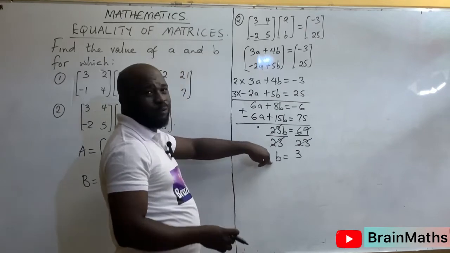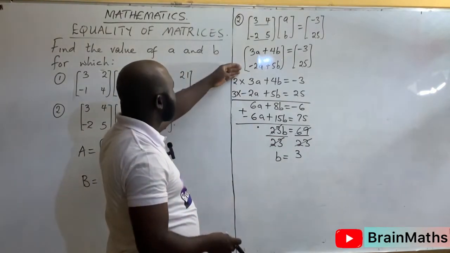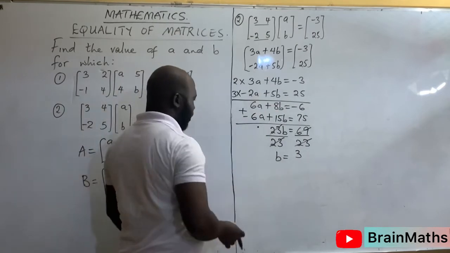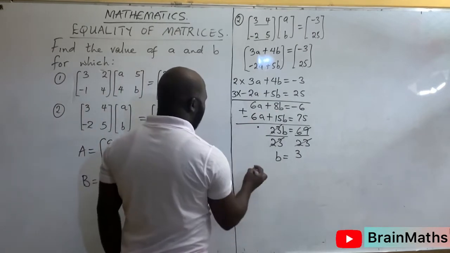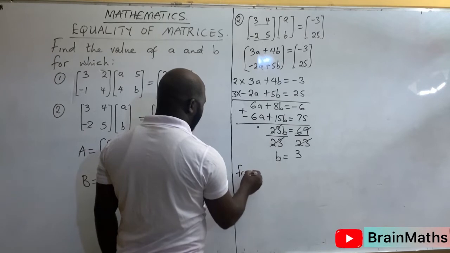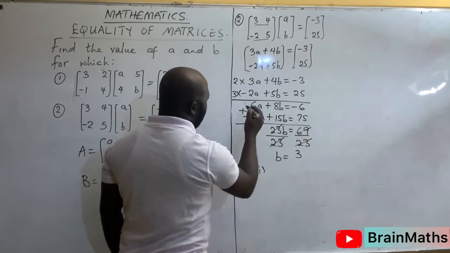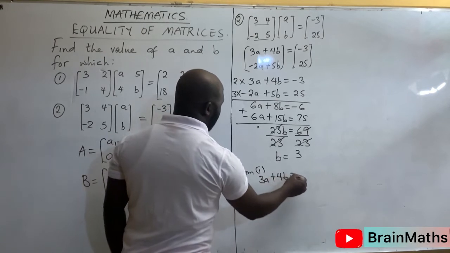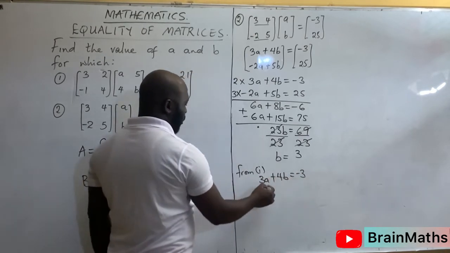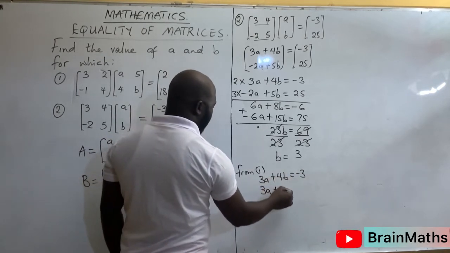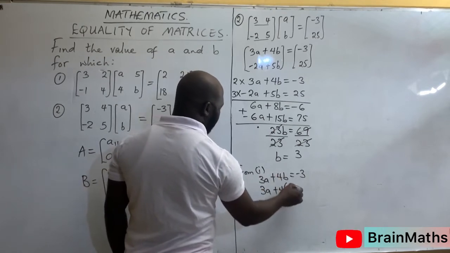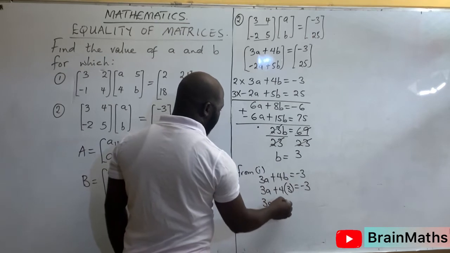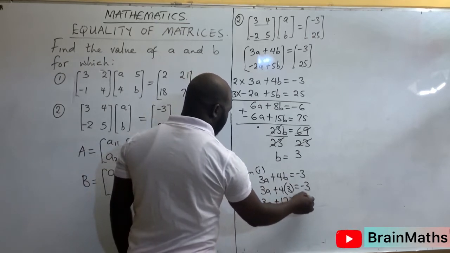Having gotten the value of B to be 3, then we come to equation 1 or 2 to substitute this value in order to get our A. So we say from 1, 3A plus 4B equals -3. So we have 3A plus 4 times 3 for the value of B equals -3. 3A plus 12 equals -3.